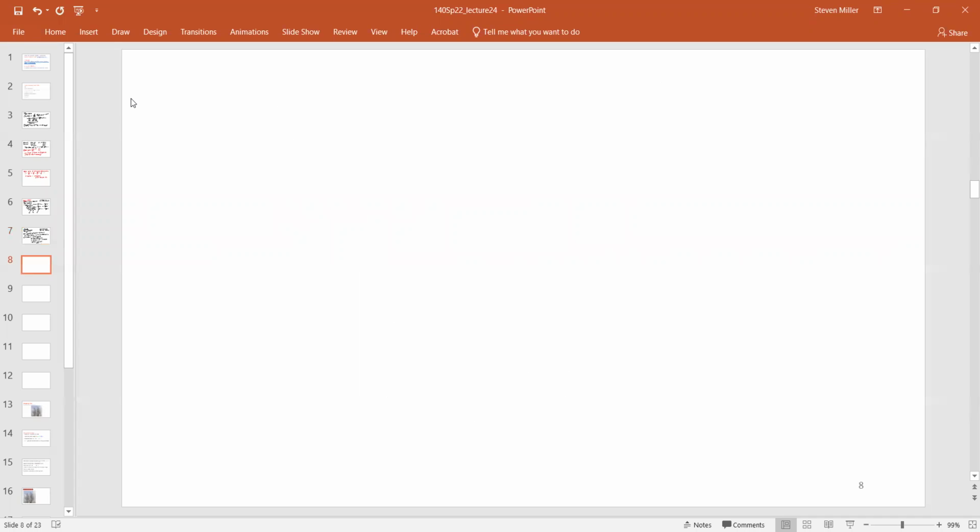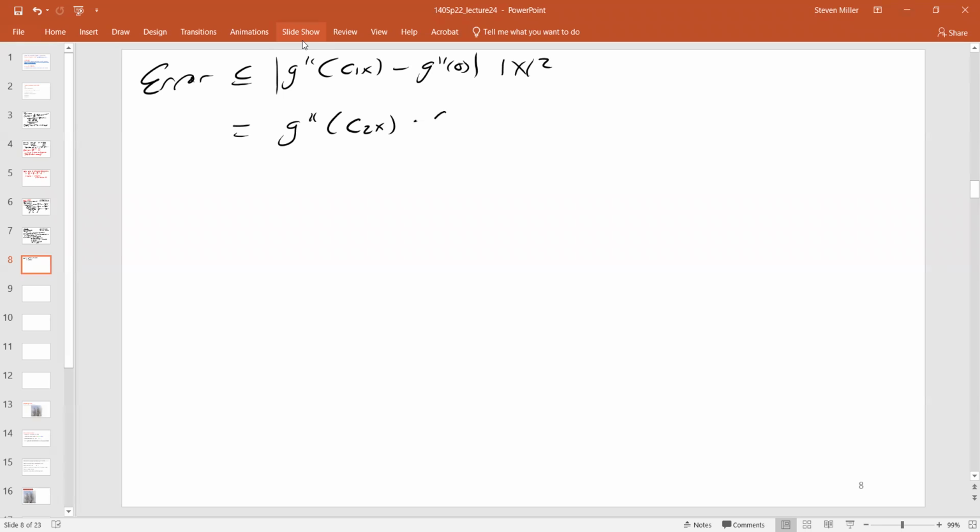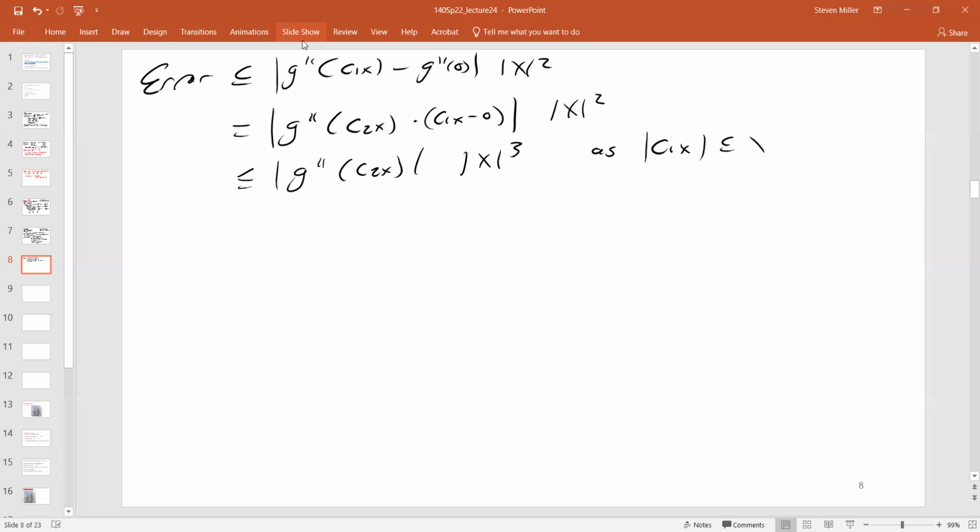And so when we go into the next page, we have our error is less than or equal to g double prime c1x minus g double prime of 0, times x squared. This is going to be g double prime of, let's call it c2 of x, times c1x minus 0, absolute value, x squared. This is going to be less than or equal to g double prime c2 of x times x cubed, as c1 of x is at most x in absolute value.